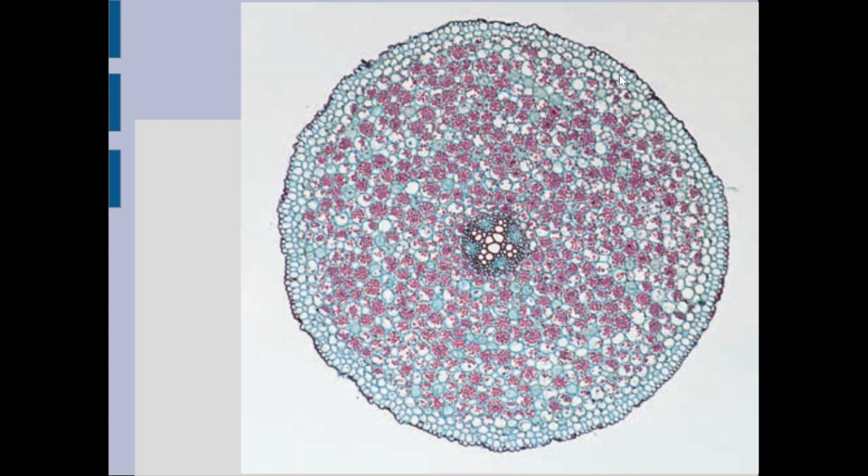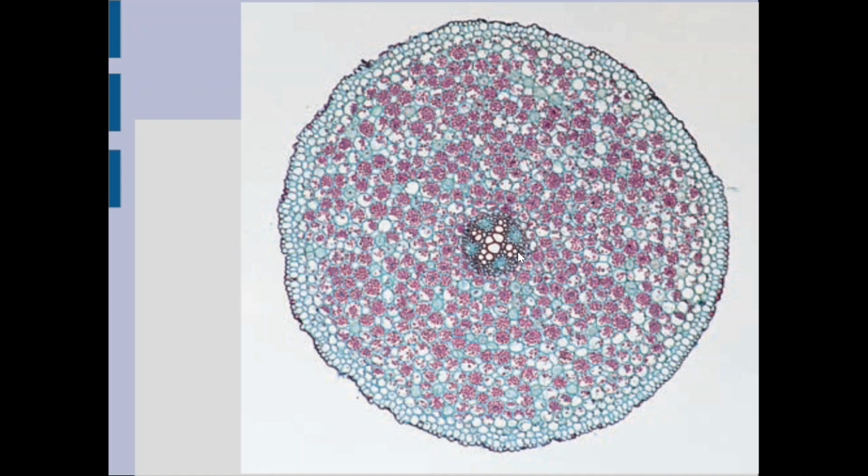Epidermis is common for all the root types. It protects from damage and regulates the water flow. The cortex is used for the storage of starch and other substances, and the vascular tissue, that is stela, is used for conduction.